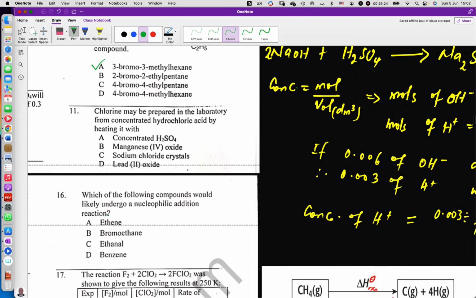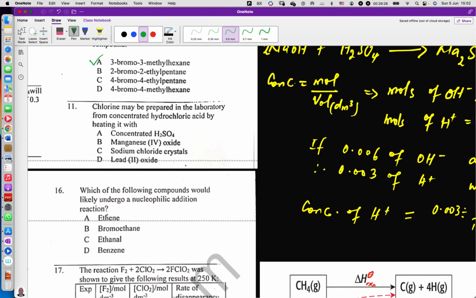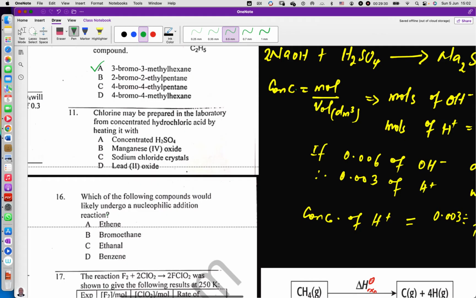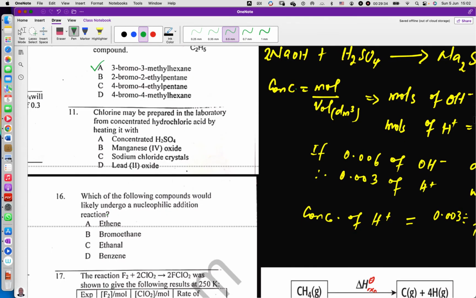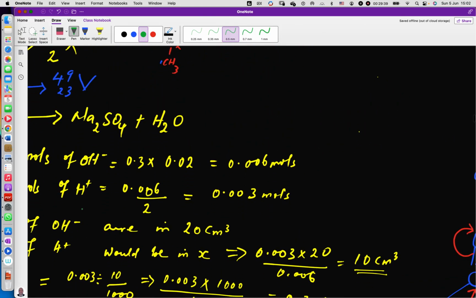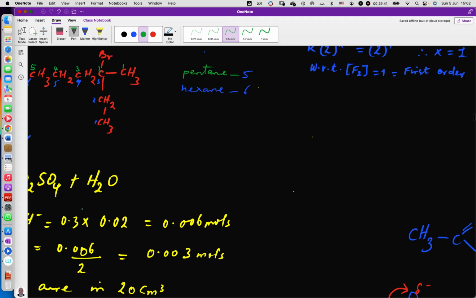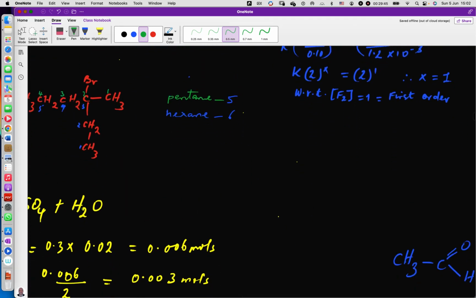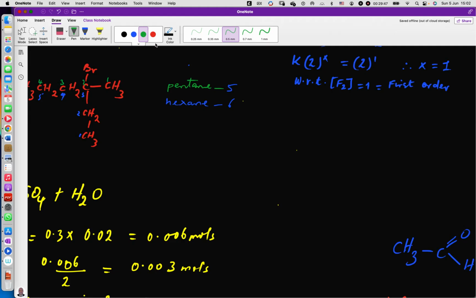We can only prepare chlorine in the laboratory using the action of concentrated hydrochloric acid on manganese 4 oxide. And this is how you can get the reaction. Let me show you how it works.